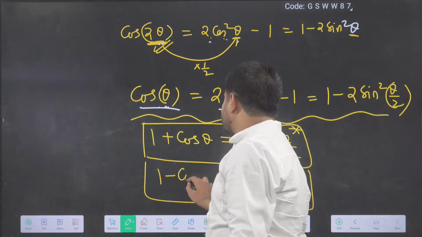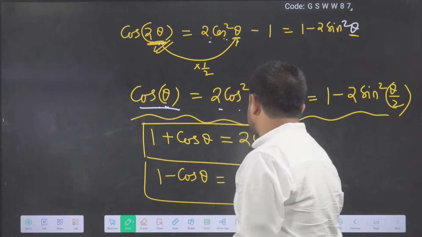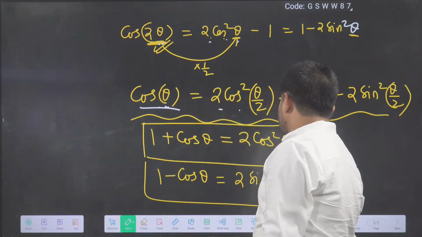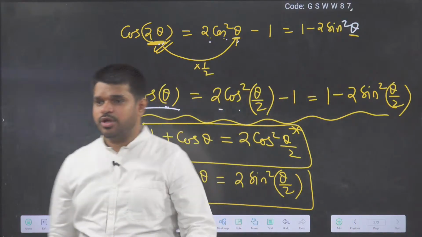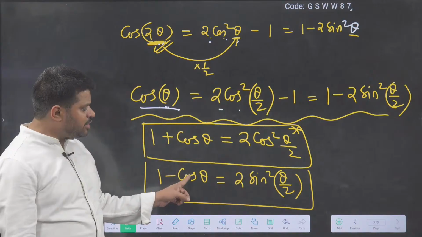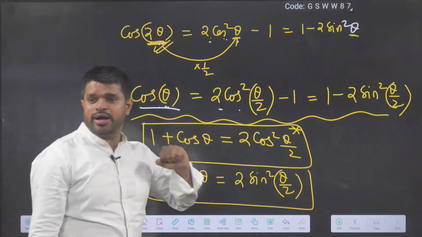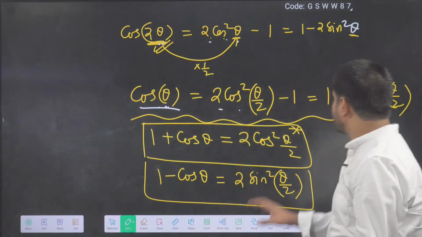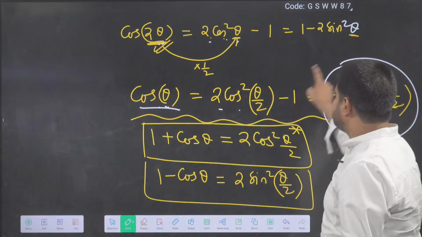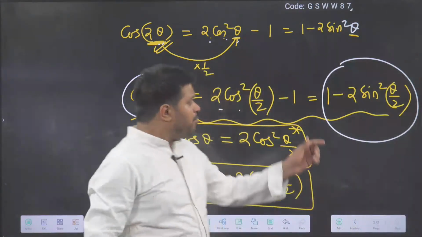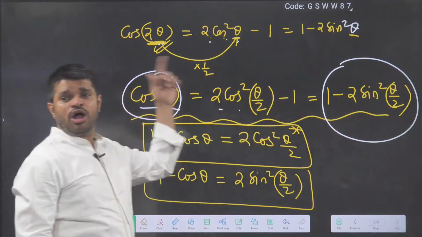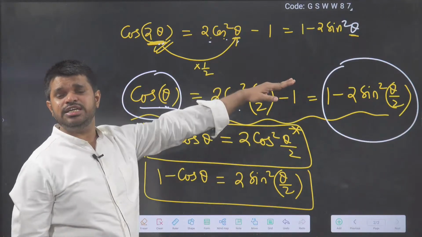Now, if I concentrate on this and this, I will get one more formula: 1 minus cos theta equals 2 sine square theta by 2. Understand how? Send minus 2 sine square theta to the left side and cos theta to the right side.